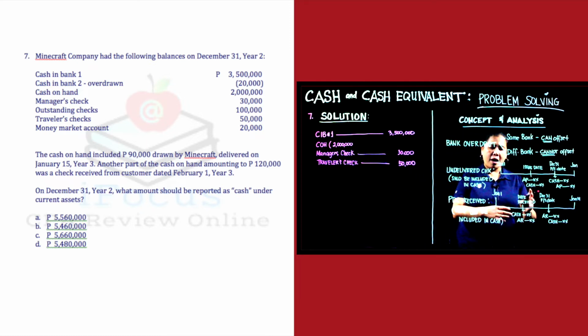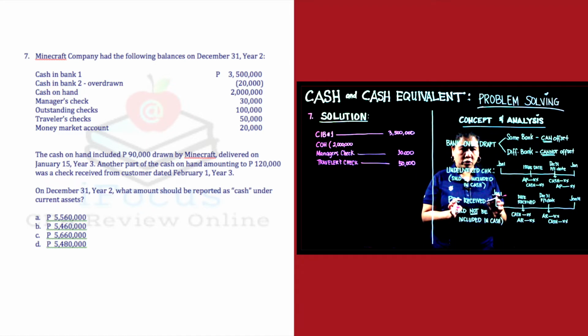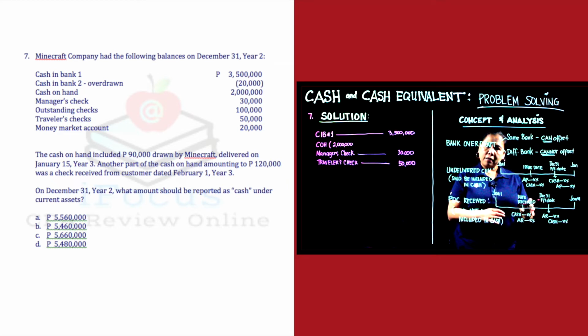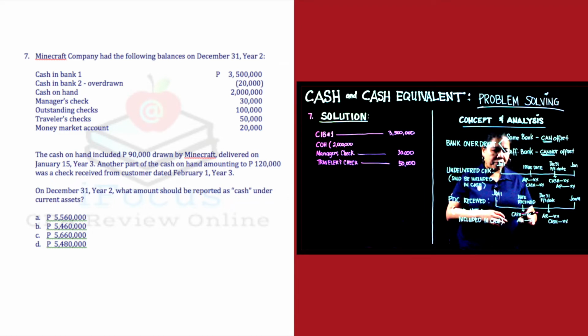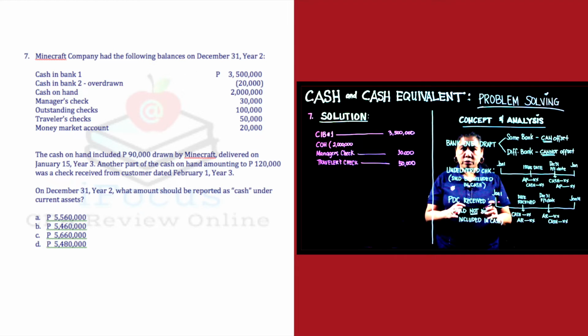Nung ni-receive nila ang check na ito, post-dated check from the customer, nag-entry sila ng debit to cash and credit to the accounts receivable, canceling that accounts receivable kasi nga, nag-issue na ng check yung customer. Alright? But as of December 31st, dahil post-dated check siya, hindi natin mai-encash sa bangko. Therefore, we cannot consider this as cash. So, kailangan hindi siya kasama sa account na cash.